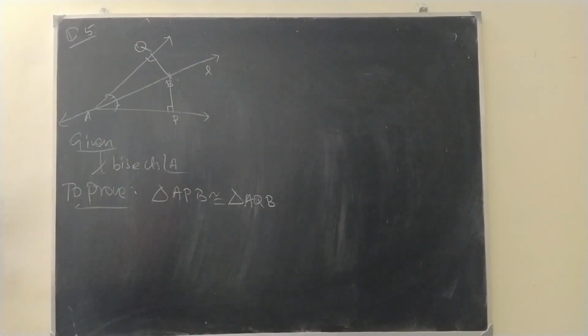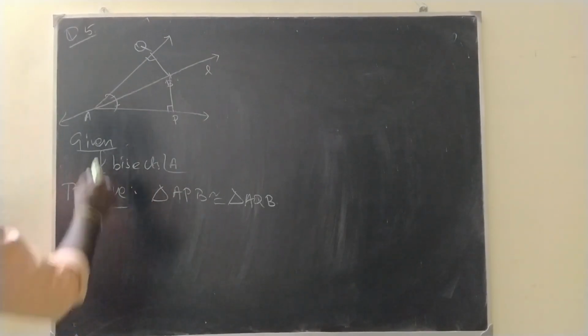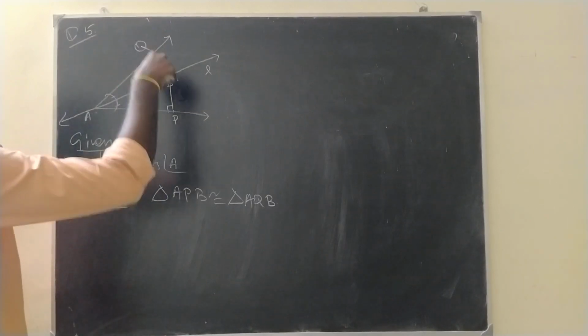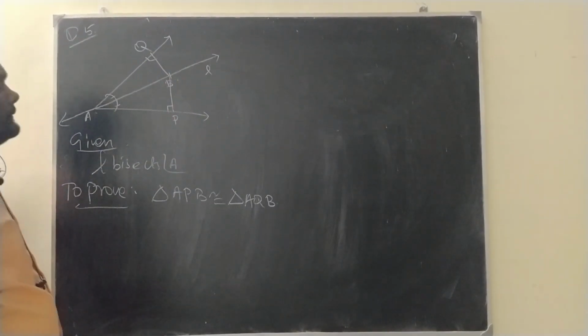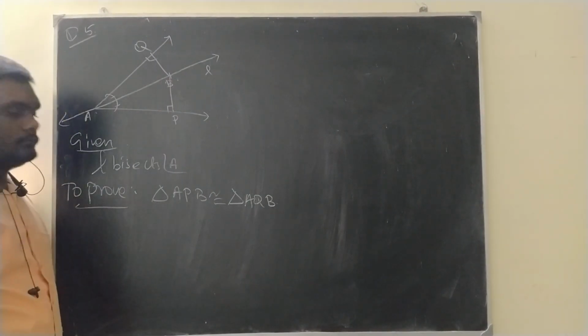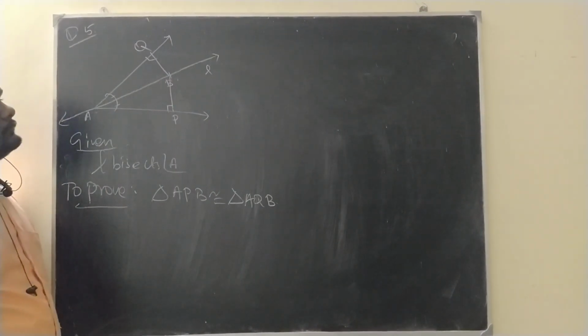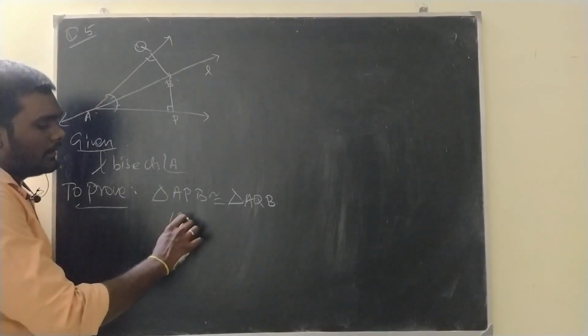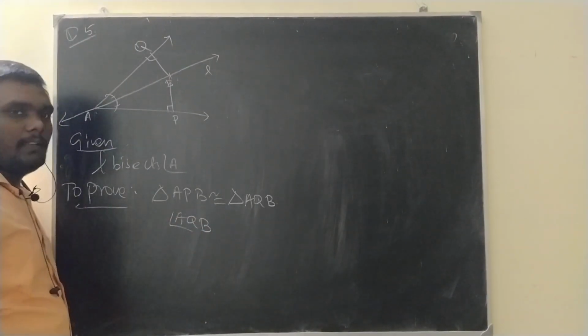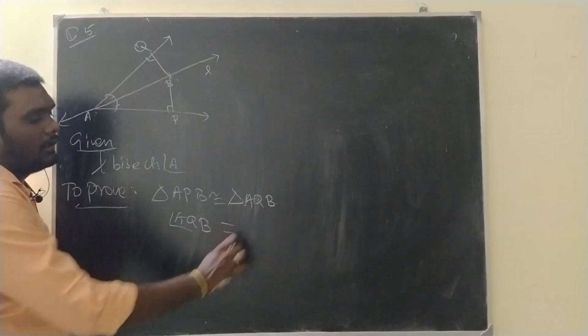So see the difference of these two triangles. APB is here, AQB is here. Anything common between, you see? Yes, the angle AQB. See, but this is wrong. You should not write in this manner.